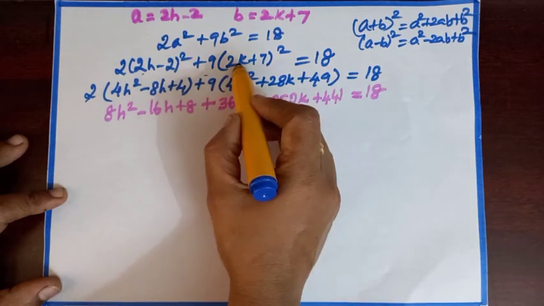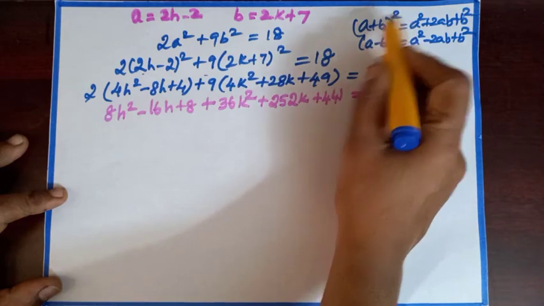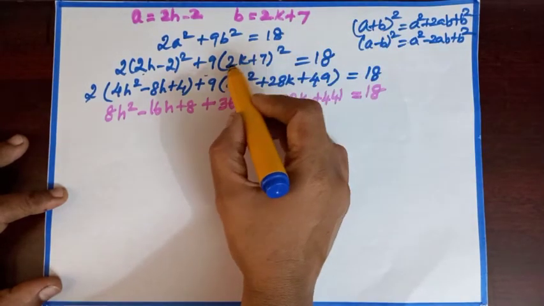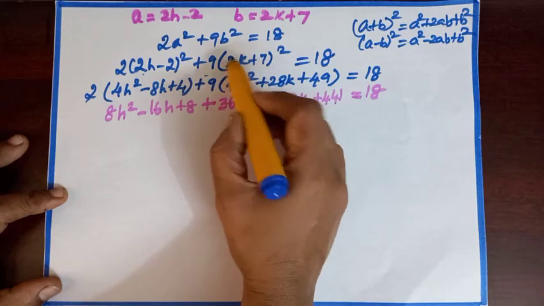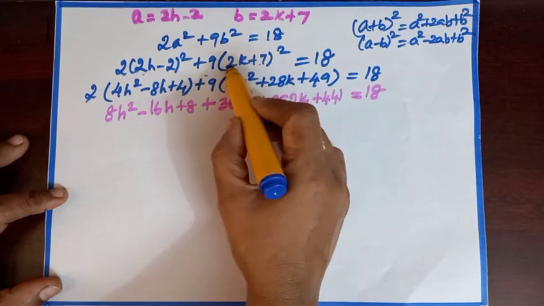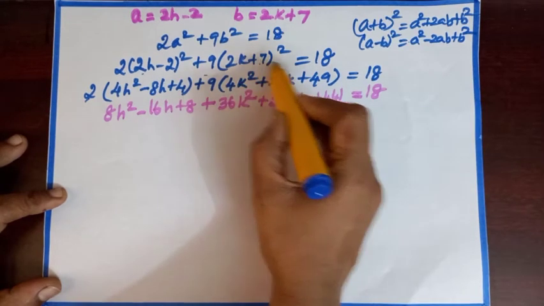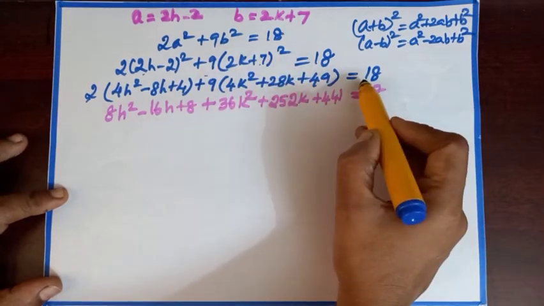Here also we use the identity (a + b)²: in the place of a we have 2k, in the place of b we have 7. That gives 4k² + 28k + 49, equal to 18.